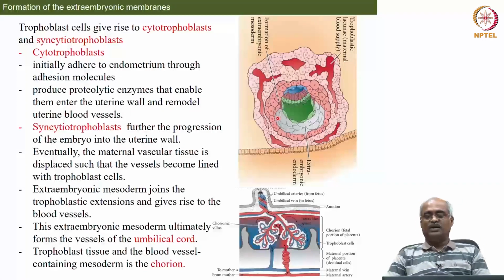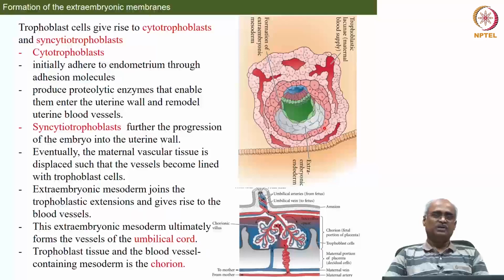So, if you recall from the last class, the outer layer, the trophoblasts, they form a layer which we call syncytiotrophoblast, and they produce the proteases that help in dissolving ECM and getting attached to the endometrium, and then they give rise to a set of cells where they undergo nuclear division without cytokinesis, forming multinucleated cells called the syncytiotrophoblasts, like these light pink cells, and these are the ones that end up setting up the actual connection.